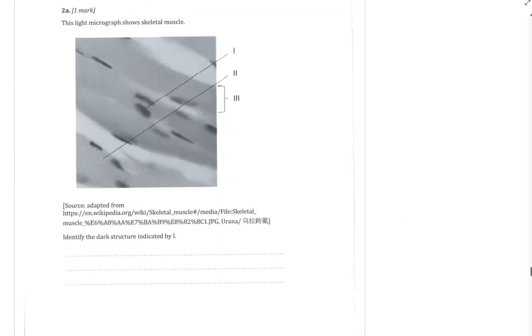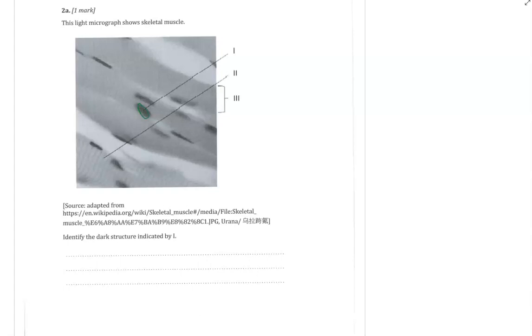Okay, so question number 2, a nice fuzzy image for you to have a look at. I promise I didn't deliberately choose a fuzzy image, that is just the image that comes. And so it asks you, what is number 1? So that's this, something that's big and dark in a cell. It's usually the nucleus, and that's what this is.